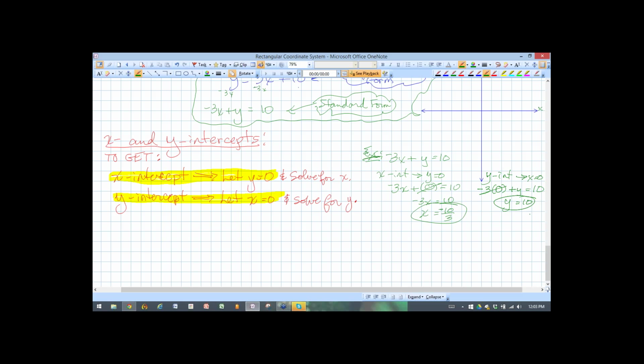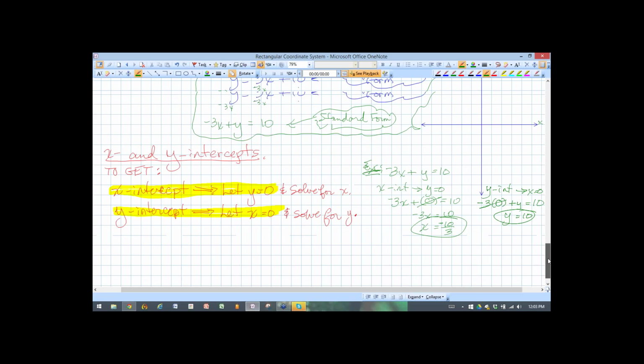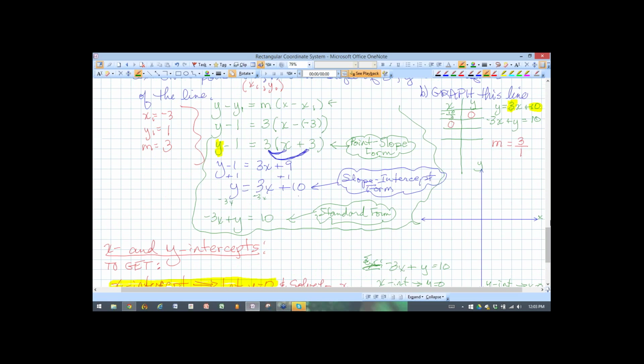So the values that you come up with, that's going to be the coordinate for these guys, right? So we have a 10, we put a 0 in for x, and now we get a 10 out for the y. It's an input and an output. Okay, most of the time you're choosing x's and you're solving for y's, okay?